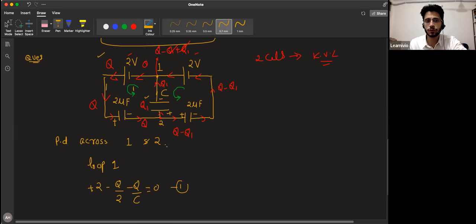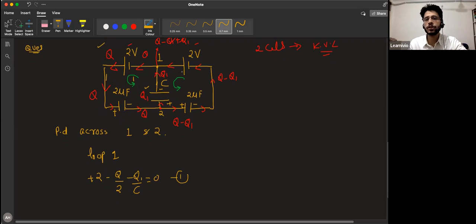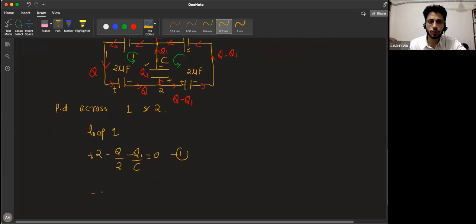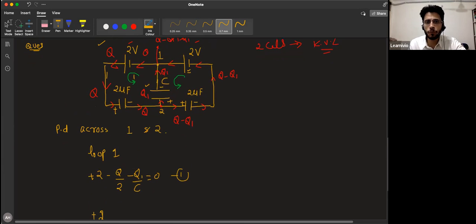That's my first equation. This is Q1, right? This is Q1 by C. Then let's go in this loop. Start from this cell, lower to higher, a rise, so it's plus 2. Then we go from 1 to 2, negative and then positive.